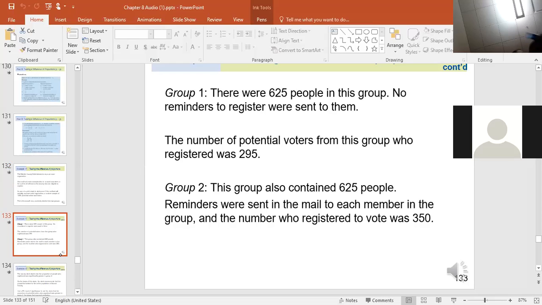So we have N1, 625, X1, 295, N2, 625, X2, 350. So we can go to the calculator with this information.